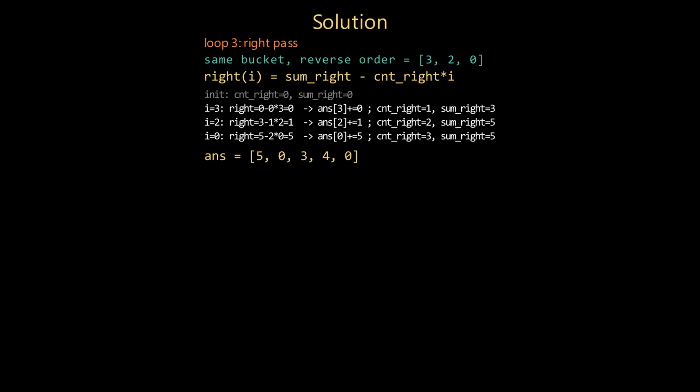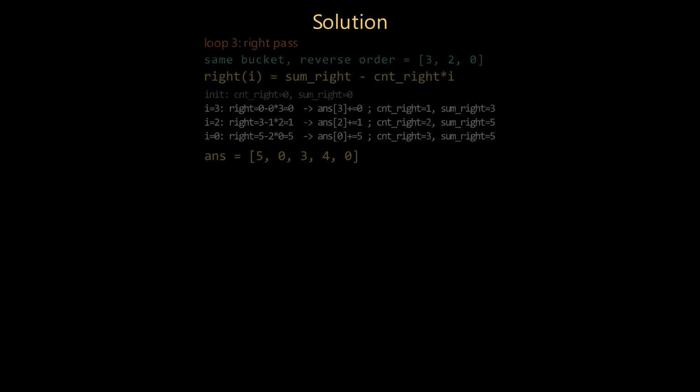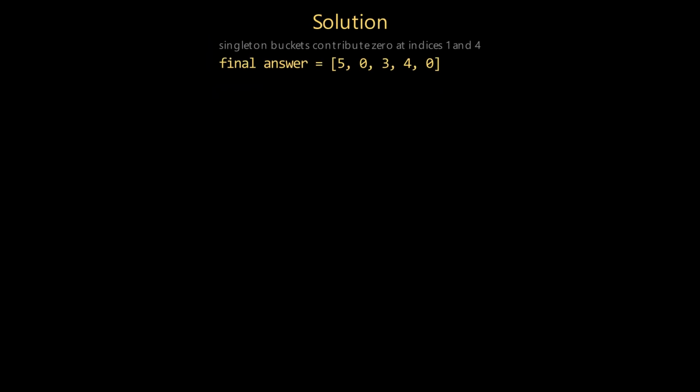Step i equals 0. Right is 5 minus 2 times 0, so add 5 and answer at index 0 becomes 5. Combining both passes gives final distances. Singleton buckets contribute 0, so the full answer becomes [5, 0, 3, 4, 0].